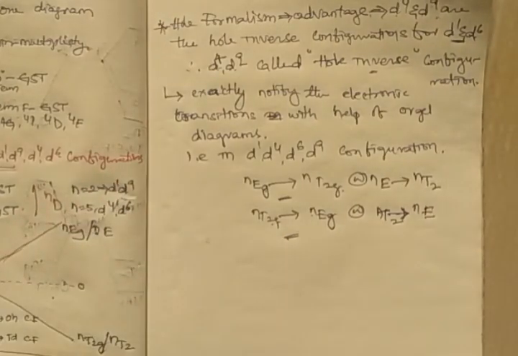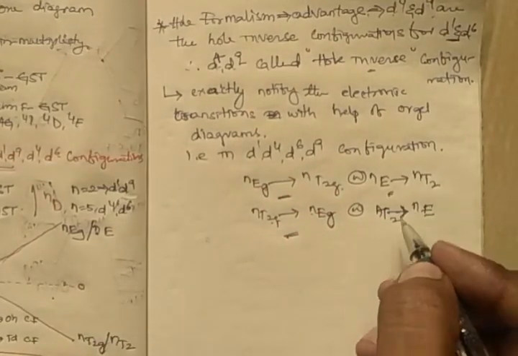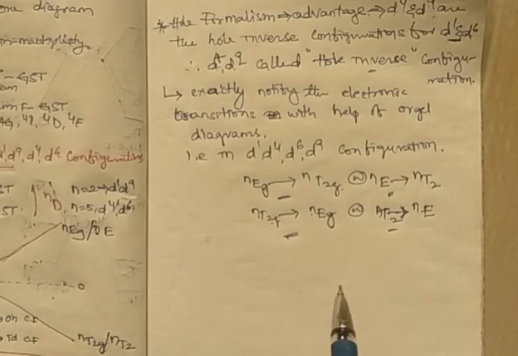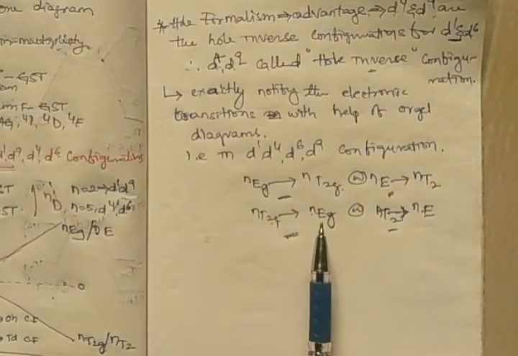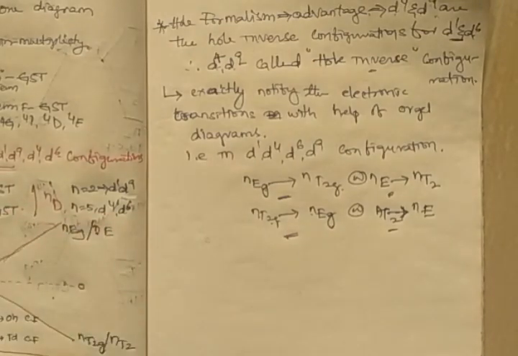We can observe such a single transition from ground state to higher energy state, right? The transition energy states we can clearly indicate. So that is one advantage we can have from the Orgel diagram.